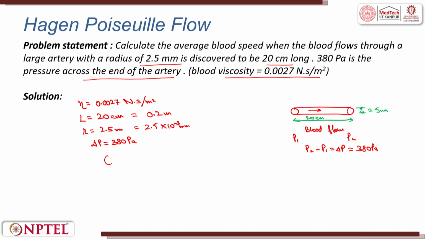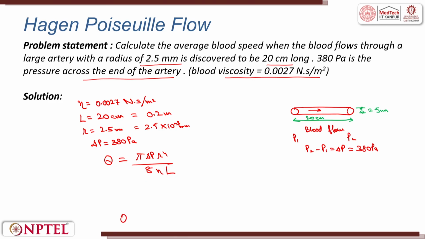This could be directly put in the given relation of the volumetric flow rate of a viscous fluid through a cylindrical pipe, which is pi delta P r power 4 by 8 eta L. You put the values and get the answer.